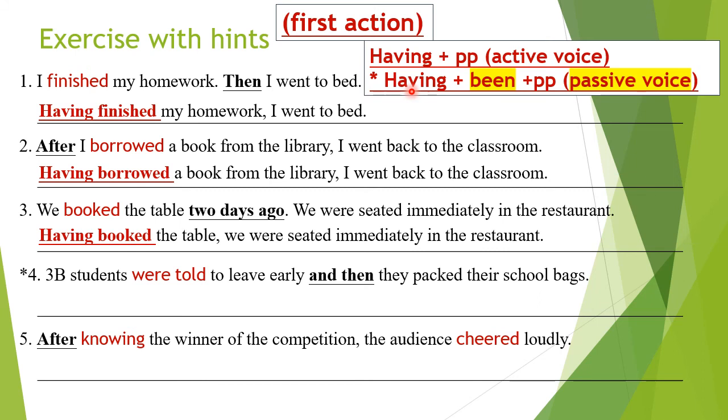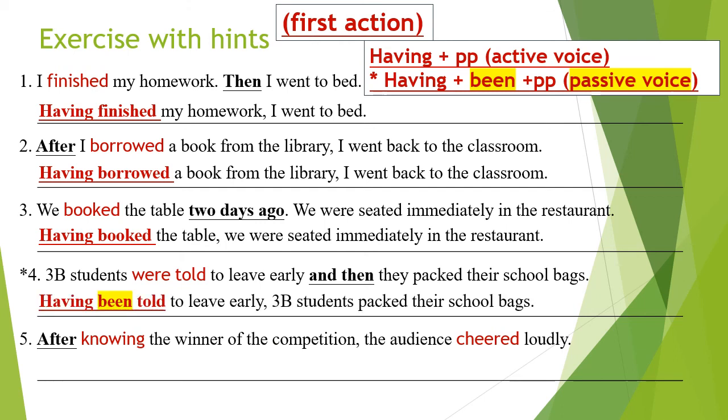The answer should be having been told to leave early, comma, we change it to 3B students. Can you see the word they? We need to use 3B students. That means 3B students packed their school bags.